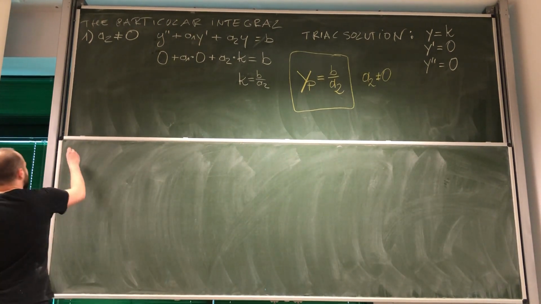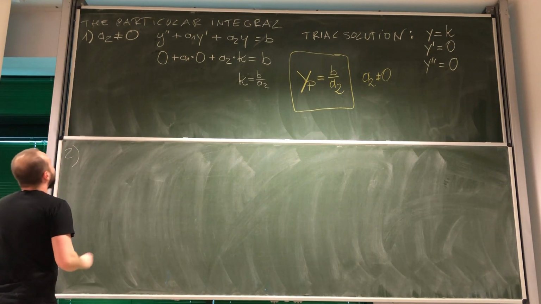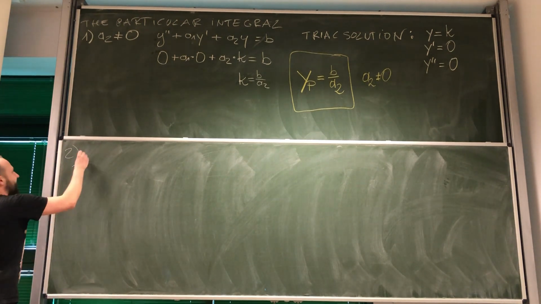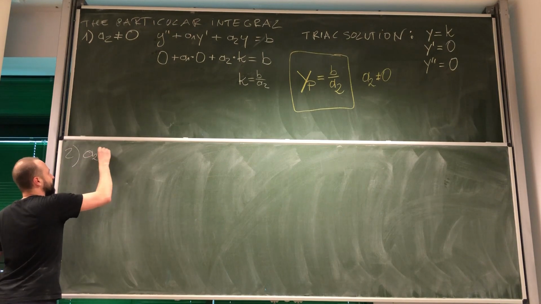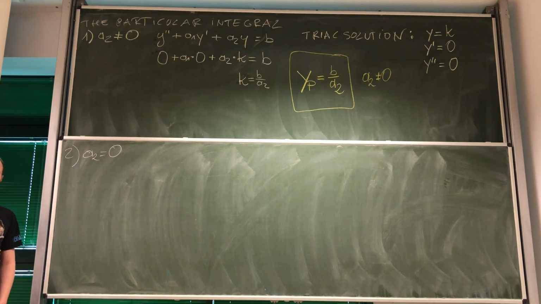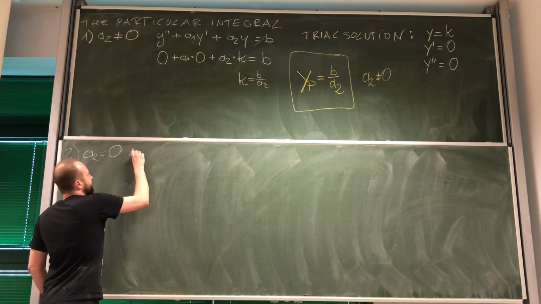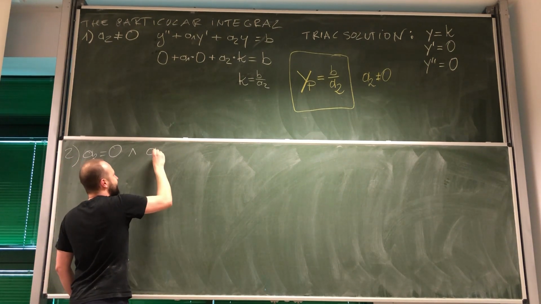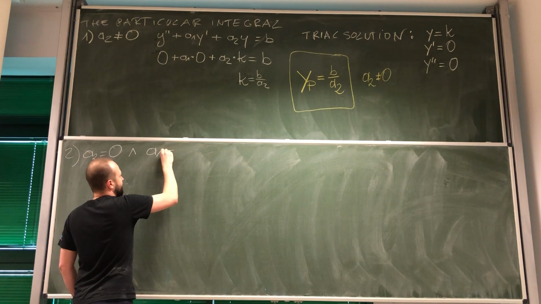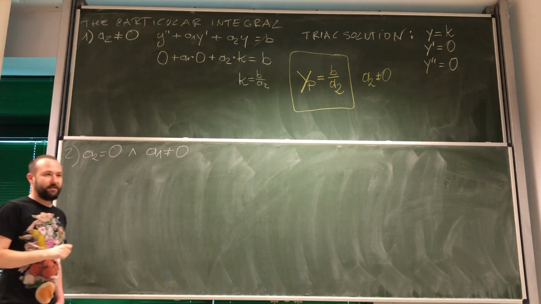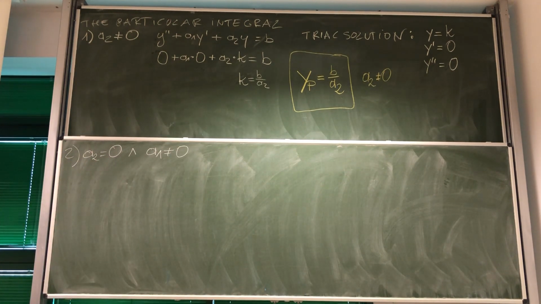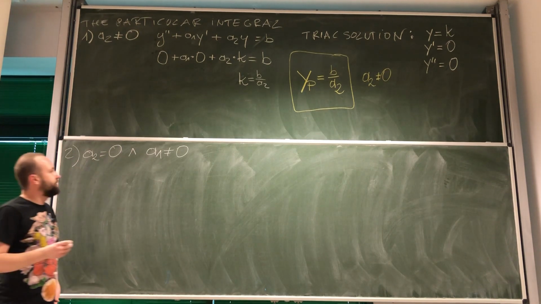So we've got case number 2, and in case number 2, we're going to have A2 equal to 0, and this time we're going to assume that A1 is different than 0. Okay, so how is our equation going to look?